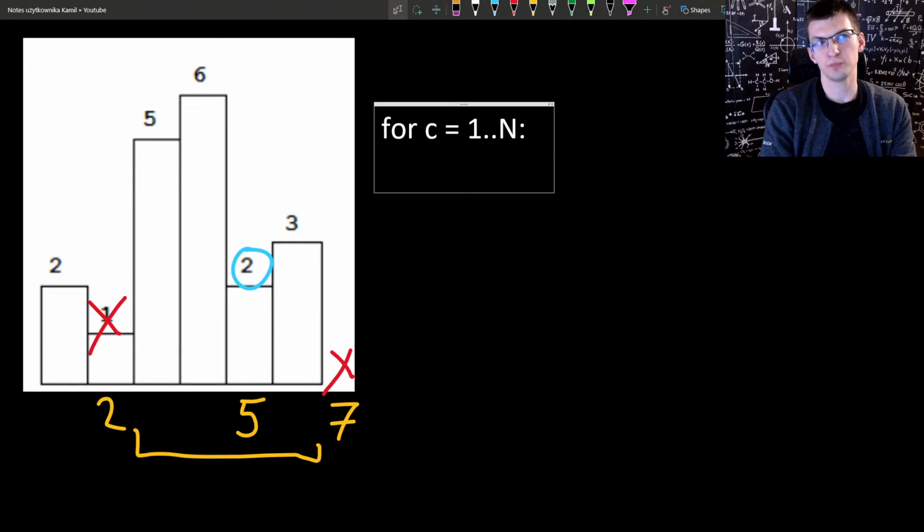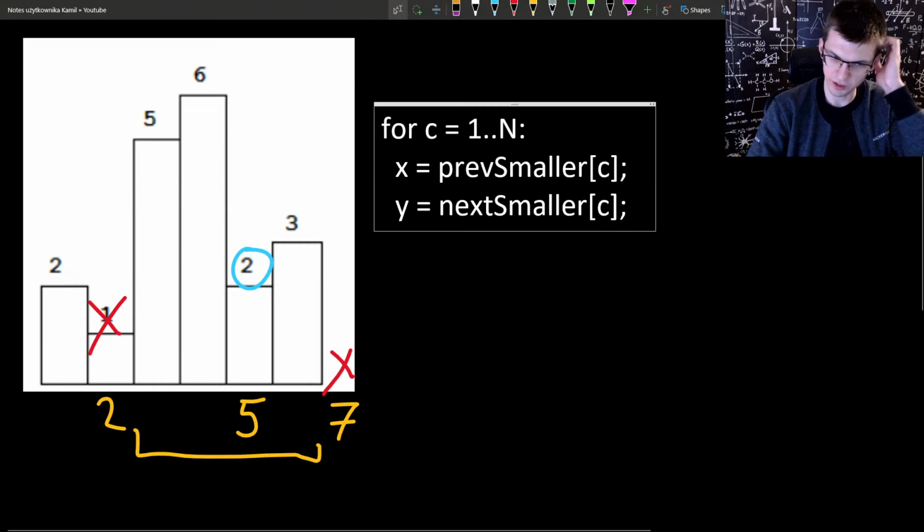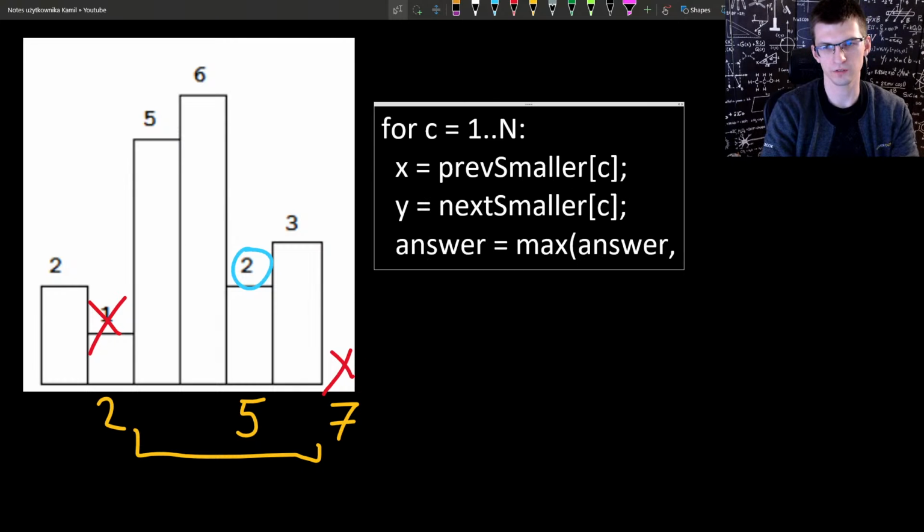we consider previous smaller, let X denote previous smaller, Y denote next smaller, that would be here 2 and 7, and then answer is max with what?